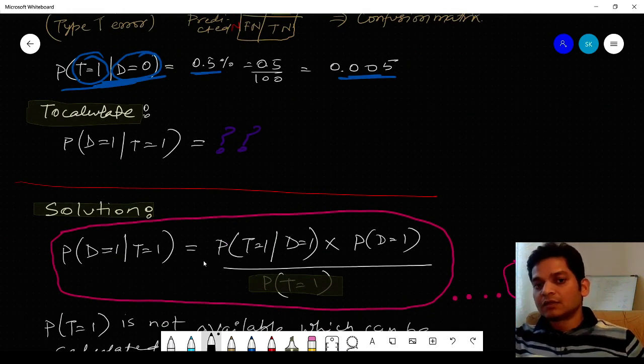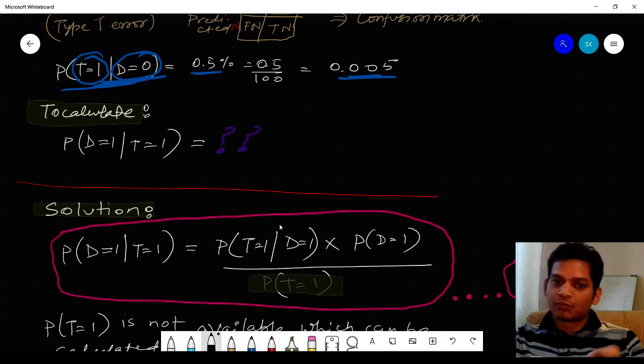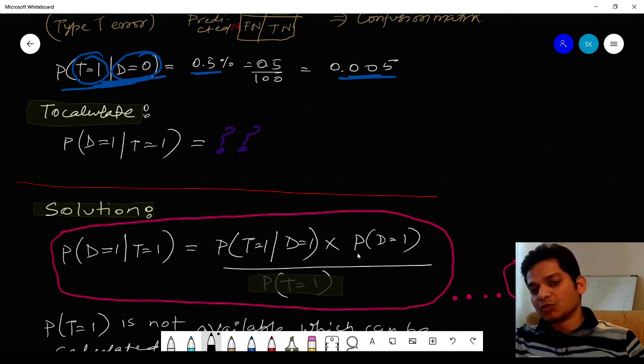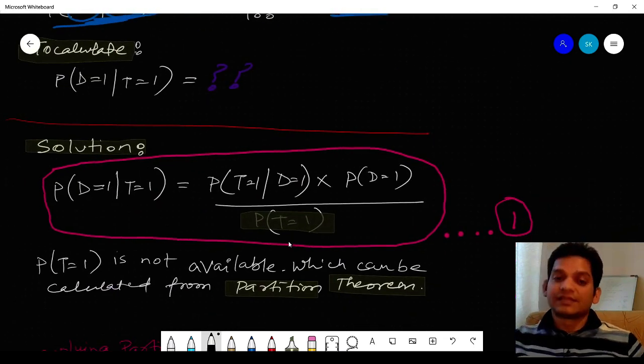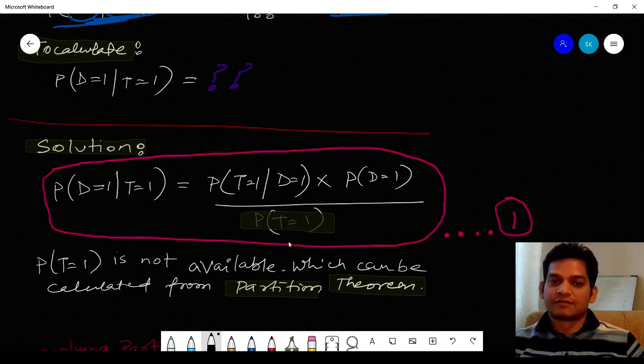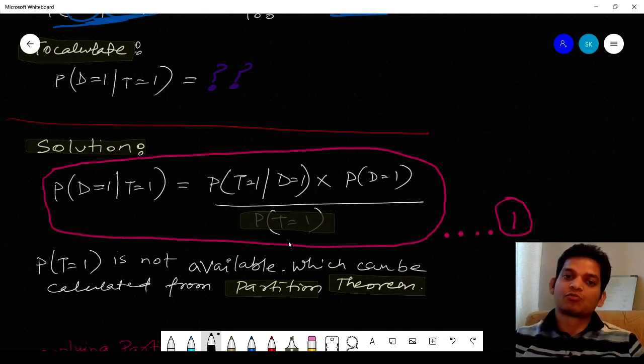To find it out, we can put in Bayes theorem. So just reverse it: the person is already infected and the test is positive also. Among the population who are infected, what is the probability of the test being positive? If we have done 100 tests, what is the probability that those tests would be positive?